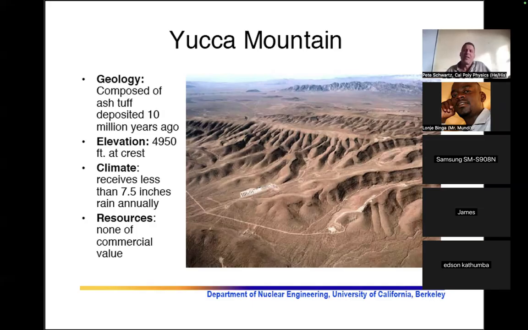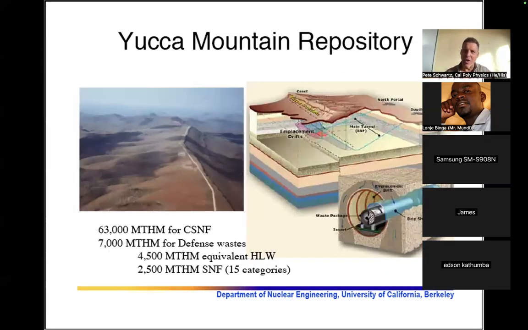In France, they might reprocess it and use the plutonium again, right? But anyway, for a while, we were talking about Yucca Mountain and the amount of work that went in to making sure this would be perfectly safe out in the middle where nobody lives. There's hardly any rain. And they were going to build these big tunnels underground to put in the nuclear waste.